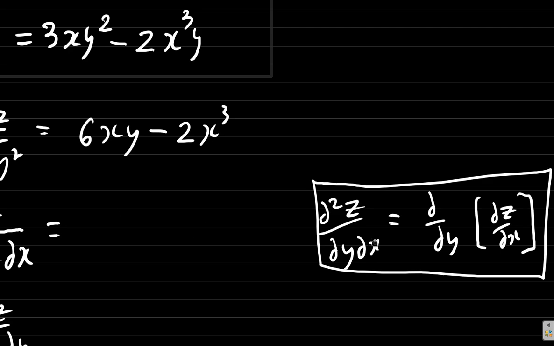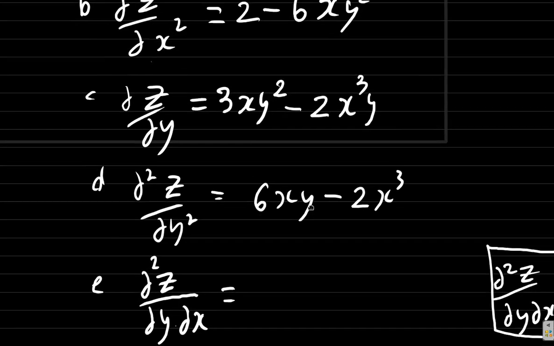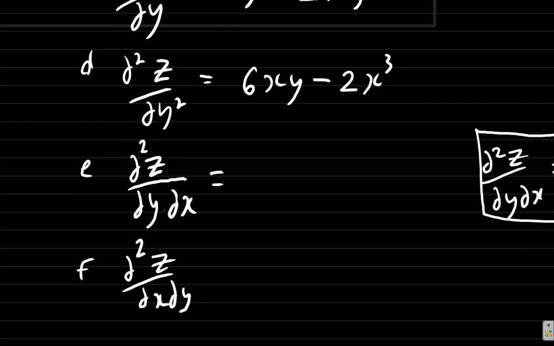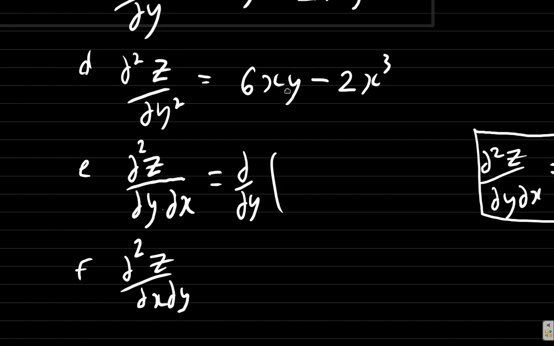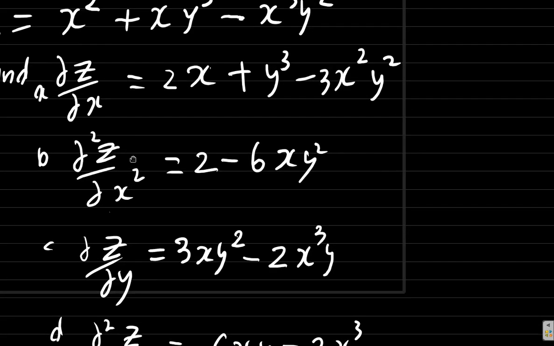You've already done the delta x, and you're going to do the delta y on the delta x, which you did earlier. Alright, so this is going to be the partial with respect to y of the delta x, which was this.